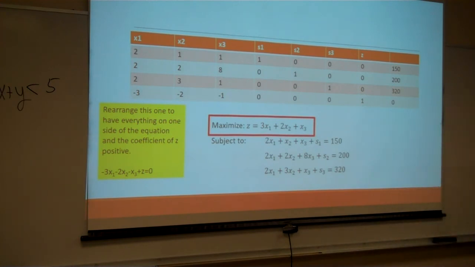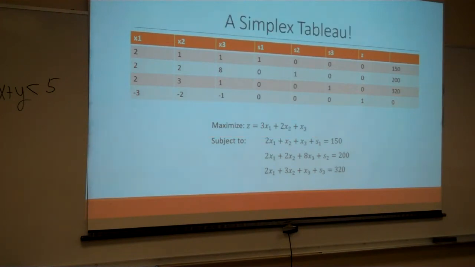PowerPoint made me a little table there. But that doesn't really look that much like a matrix. Well, the right word is this is a simplex tableau. And you'll see in just a little bit that it is an answer. The answer of what is a possible way to solve this system of equations.